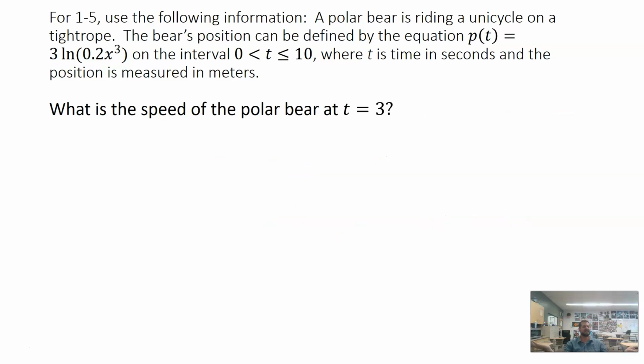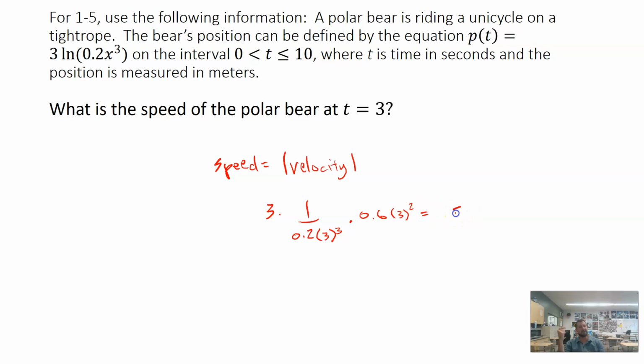Number 2, what is the speed of the polar bear at time equals 3? Well, remember, the definition of speed is just the absolute value of the velocity. What that means in this case is I can do the exact same thing I did before, where I go 3 times 1 over 0.2 times 3 to the third times 0.6 times 3 squared, where I'm finding the velocity.